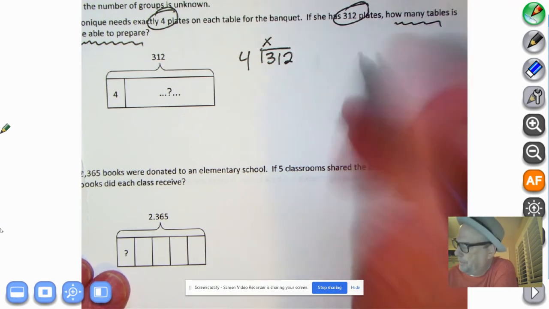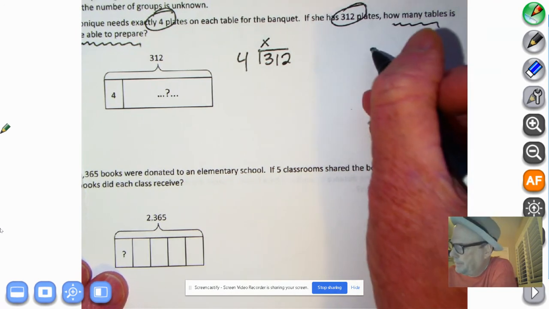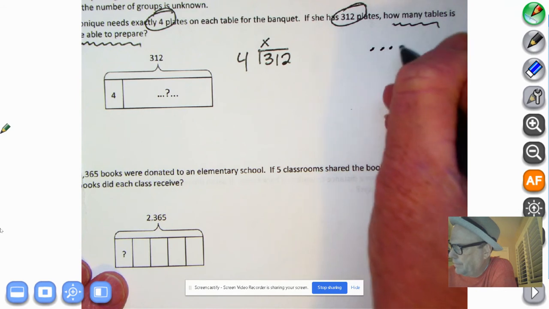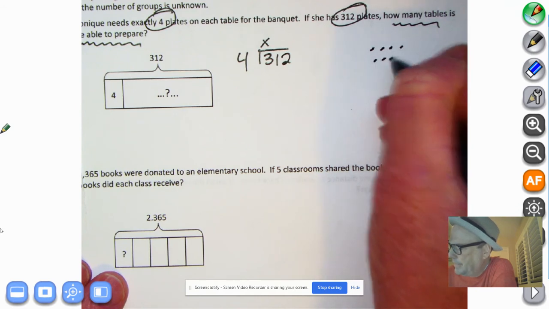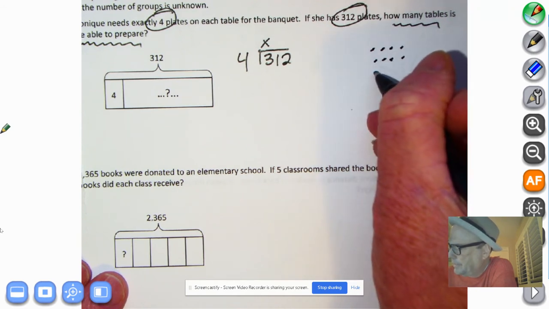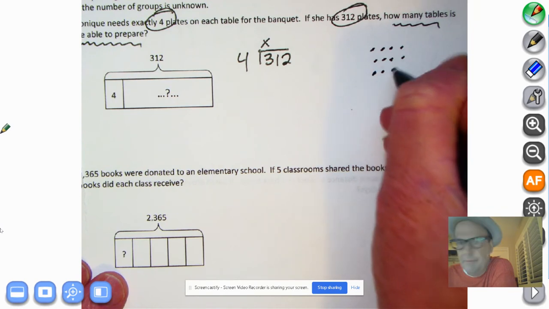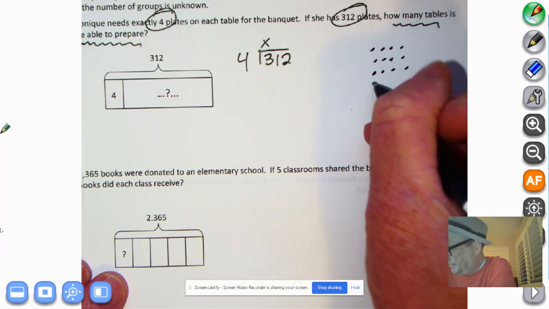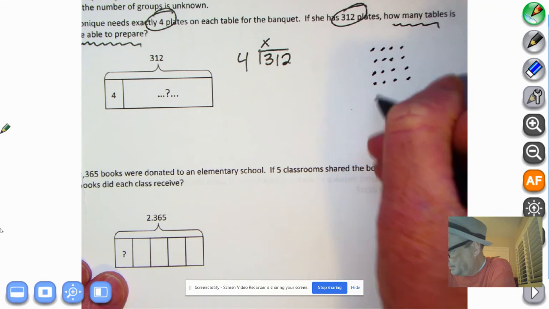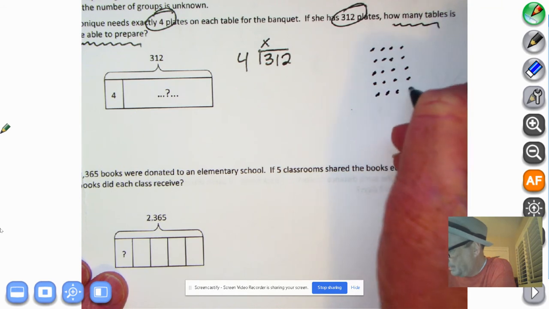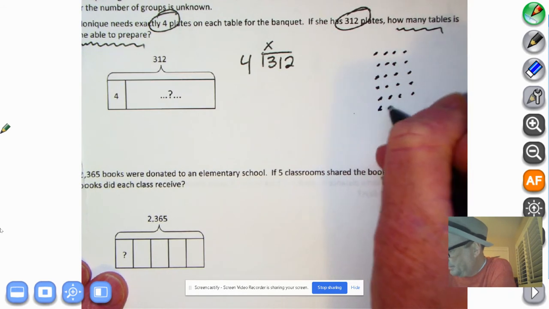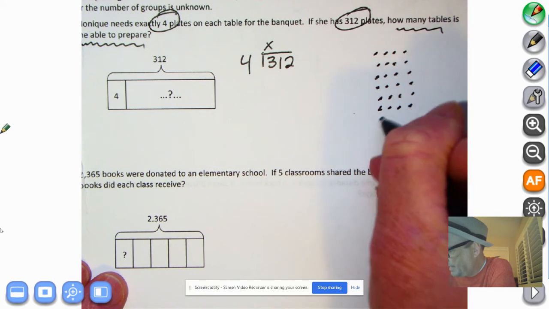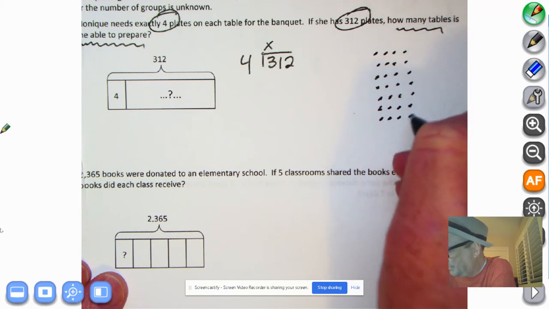Let's go ahead and make 31 little place value disks. 1, 2, 3, 4, 5, 6, 7, 8, 9, 10, 11, 12, 13, 14, 15, 16, 17, 18, 19, 20, 21, 22, 23, 24, 25, 26, 27, 28, 29, 30. There's 31.